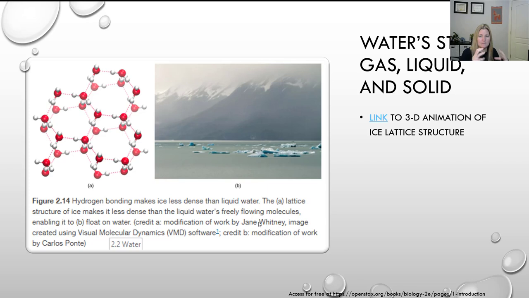And when they remain intact longer, we'll notice that they become more spread out into this lattice or crystalline shape. And because of that, we end up seeing solid water, ice, becoming less dense than liquid water, where the molecules are closer together, forming and reforming those hydrogen bonds. So let's watch that animation here.